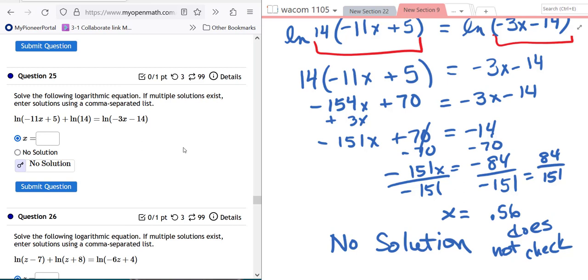So it seems like so much work for no solution. Let's see what my time is like. Let me go to number 29. I had 26, but I'm going to skip it.